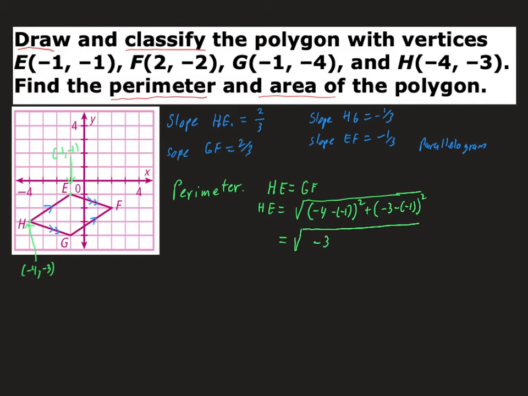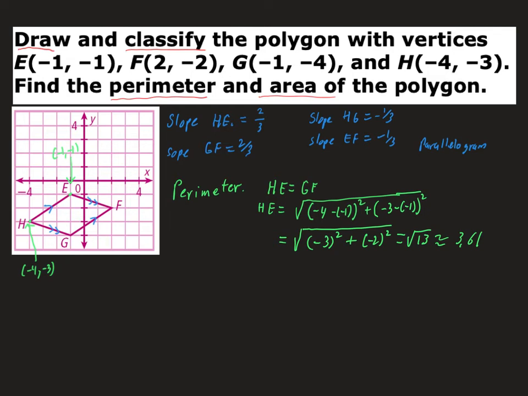And this ends up being (-3) squared plus (-2) squared, which is the square root of 13, about 3.61.